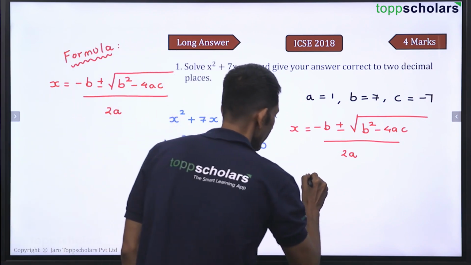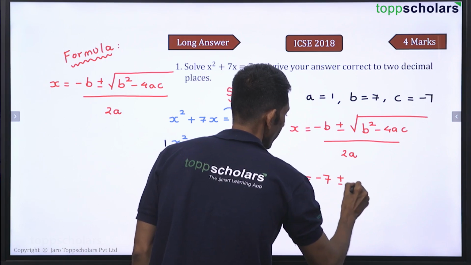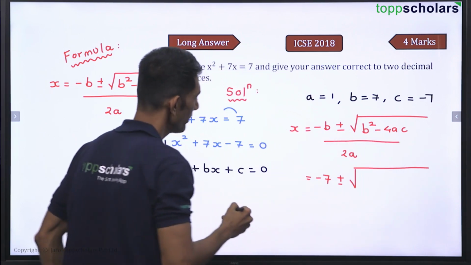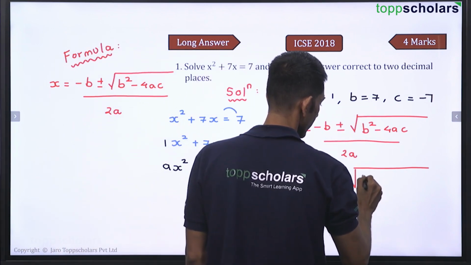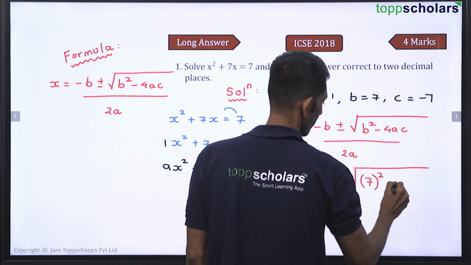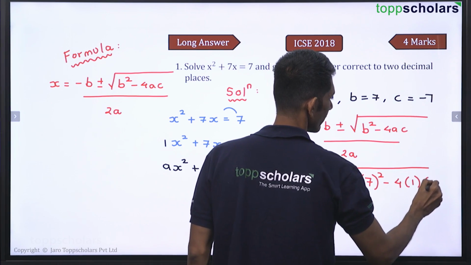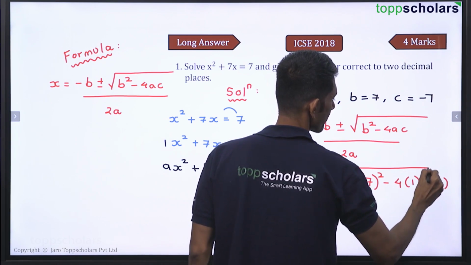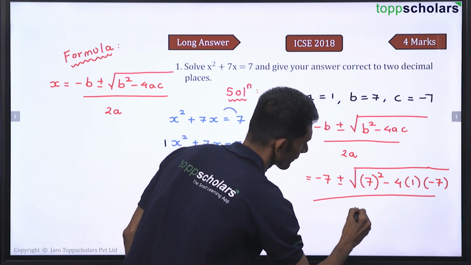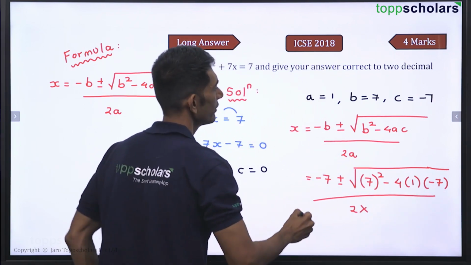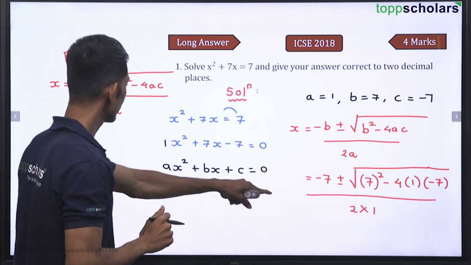So put the values, minus 7 plus or minus under root b square, that is 7 square, minus 4 into a is 1, into c is minus 7, divided by 2a, that is 2 multiplied by 1, correct? Can we solve this further?